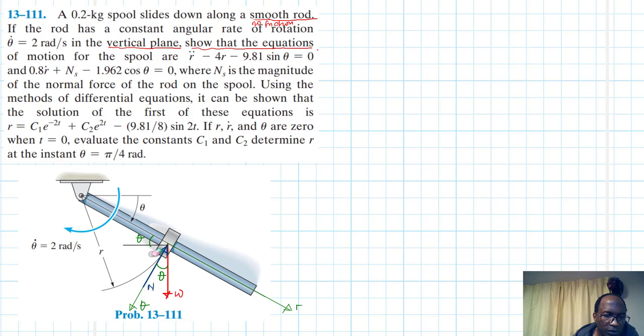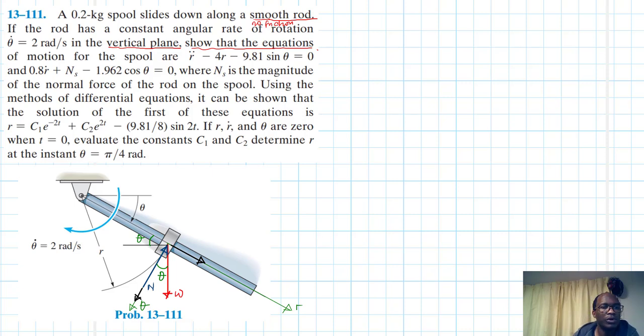So let's write down the components for W. We'll have one component in this direction like so, and another one in this direction.